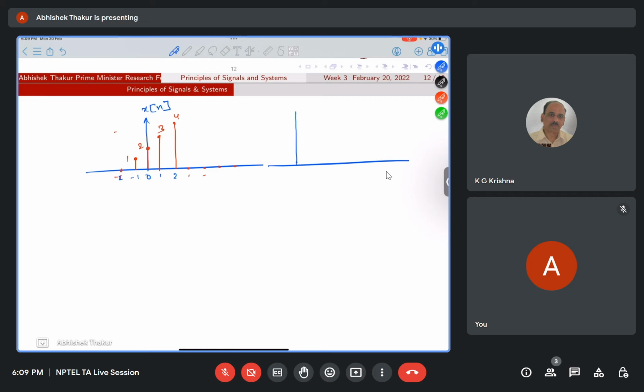Now we can take h(n) as, let's suppose, simple: 1, 1.